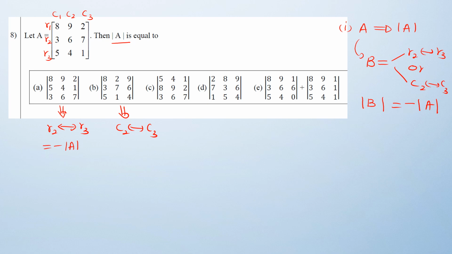Similarly for part B, this will not be exactly equal to the determinant of A. So these two are incorrect.